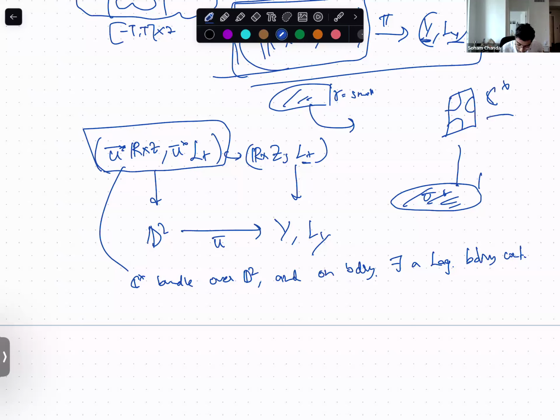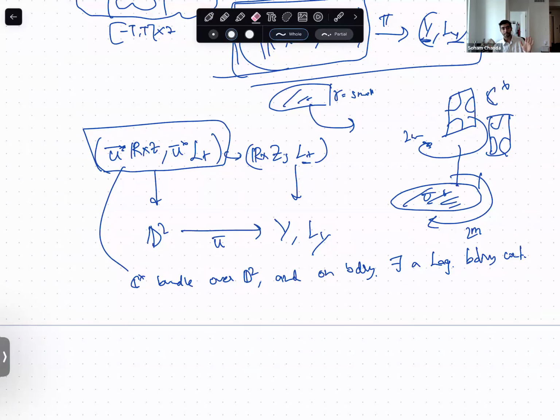For each of these points, you have a copy of them, and they're slowly rotating depending on the Maslov index. So if this Maslov index was 2m, this rotates, I think, 2m times, or m times. So I have a result like this. Now you want to classify disks of this bundle, where the boundary is like this copy of curves inside C star, slowly rotating. And that can be done.